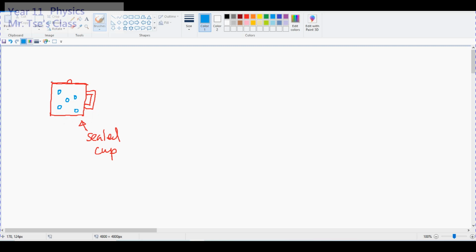The 5 molecules will distribute as uniformly as possible towards every part of the cup. So that's why it takes the whole volume and also the shape of the cup.